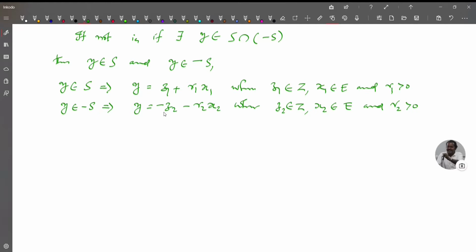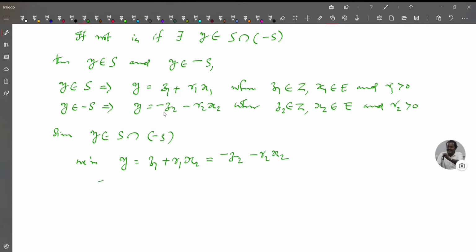Now, since Y belongs to S intersection minus S, we have Y is equal to Z1 plus R1 X1, that is equal to minus Z2 minus R2 X2.